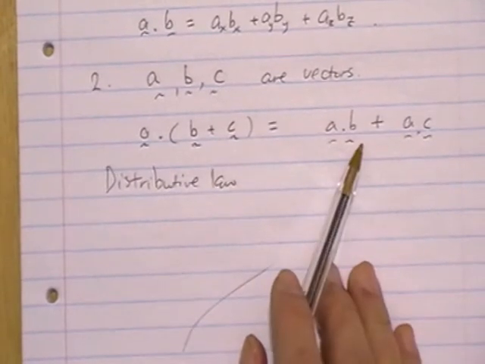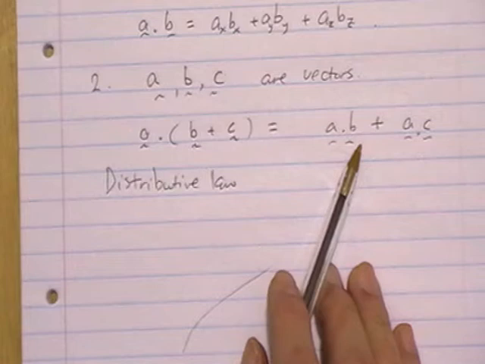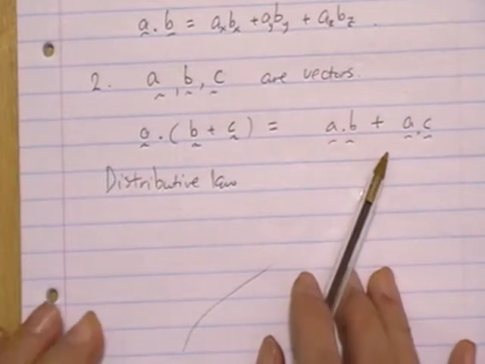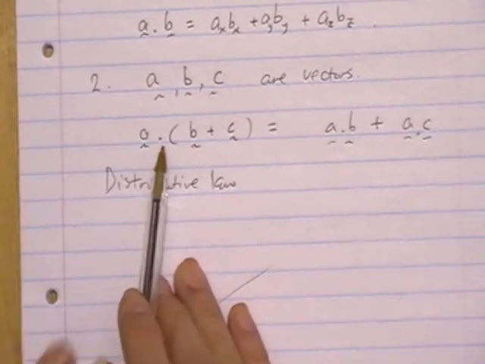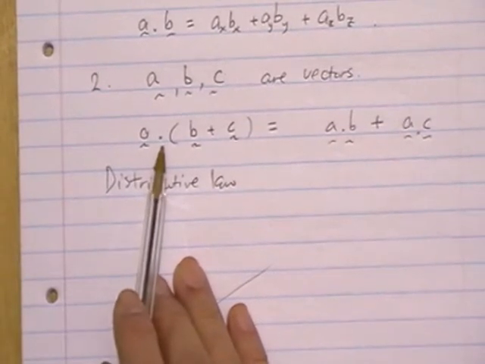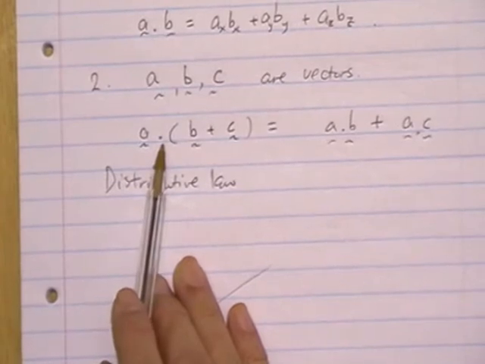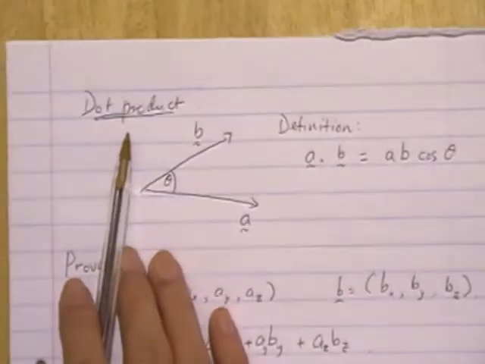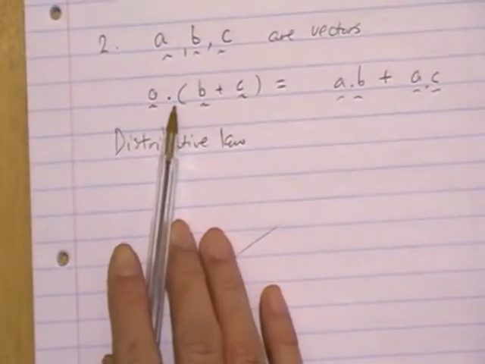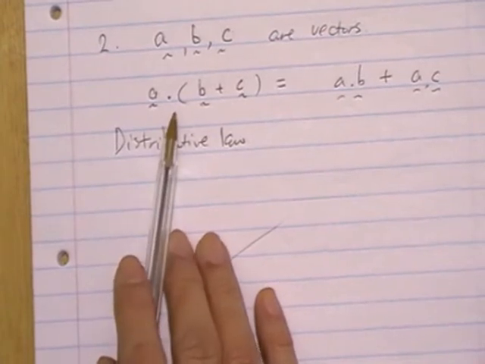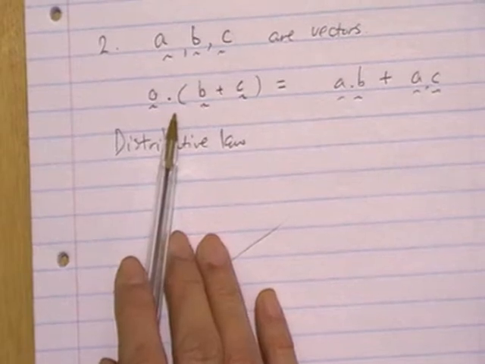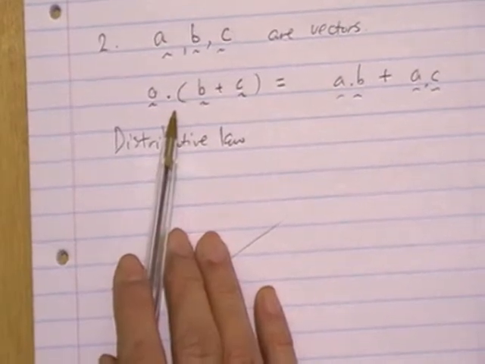But in this case, we have to be very careful, because the dot here is not a multiplication. Despite the name product, the dot here is not a multiplication that we know when we just multiply two numbers, like 2 times 3 is equal to 6.